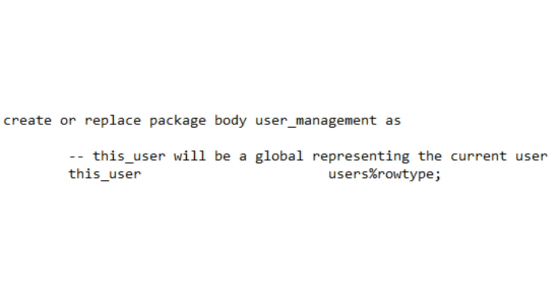All right, we now move on to defining our package body. Syntax here is exactly as you would have guessed. Create or replace package body, package name, and then the keyword as or is. Again, we begin by defining a local data structure. This time we cleverly create a data structure which parallels a row in the users table and call that structure this user.